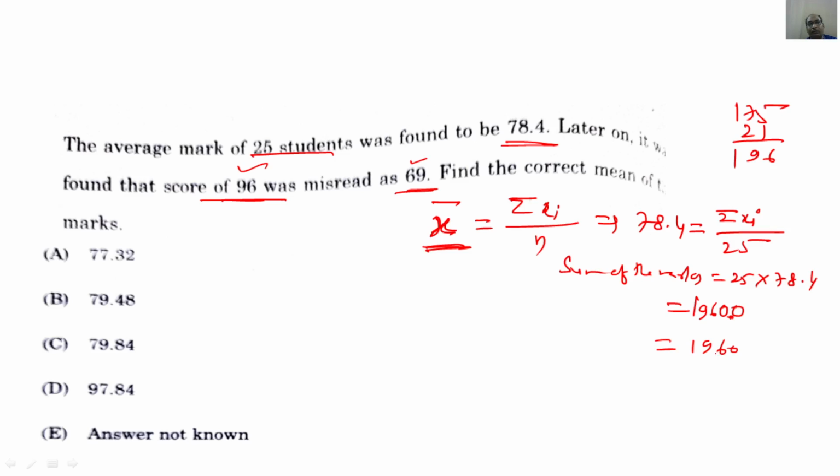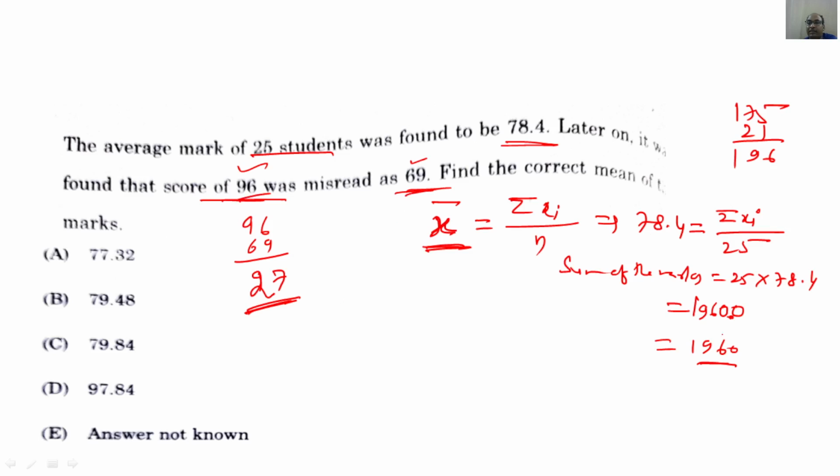Now we need to add the difference. So this 27 has to be added. A score of 96 was actually misread as 69.